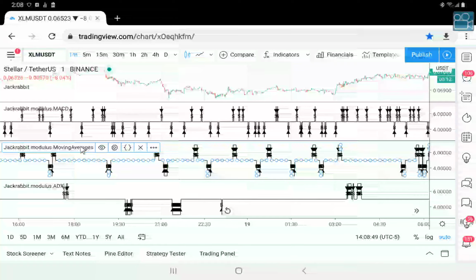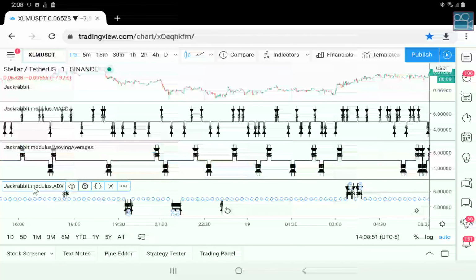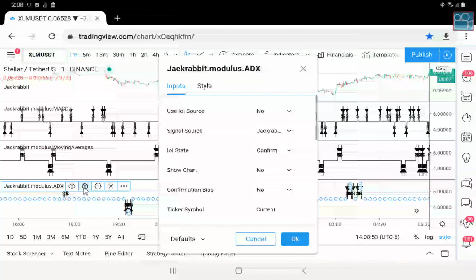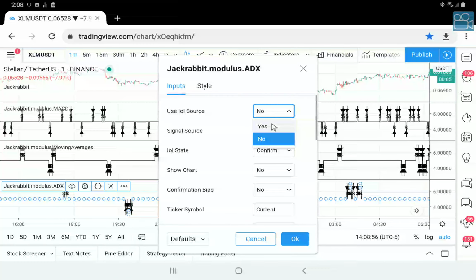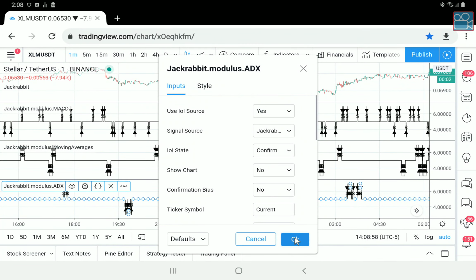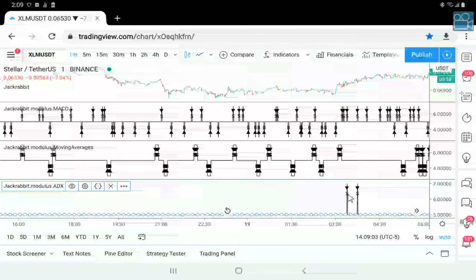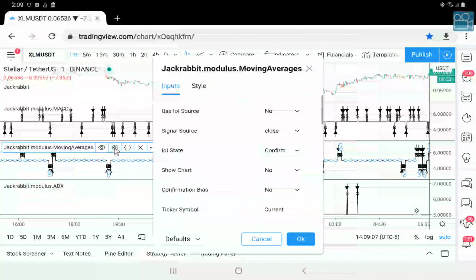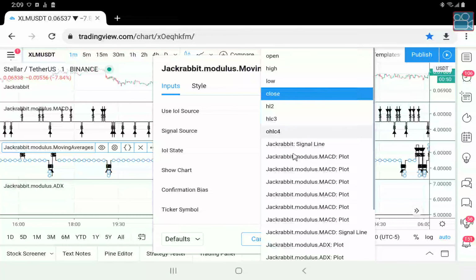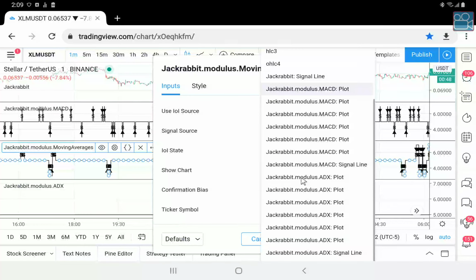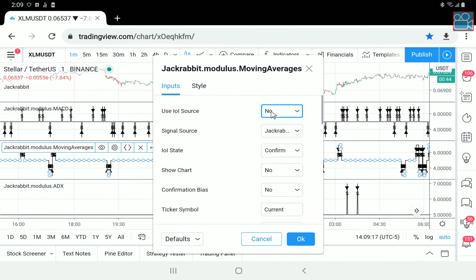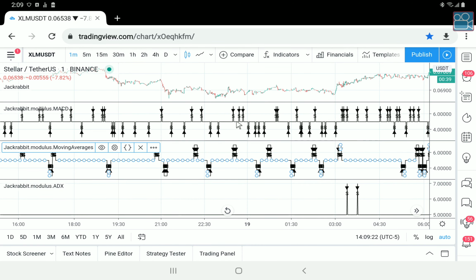And now let's, okay, did I forget to turn this back on? Yes, I did. Remember to turn it on. All right, so there we have the lineups between ADX and MACD. Now let's link moving averages to ADX. And let's see what lines up.